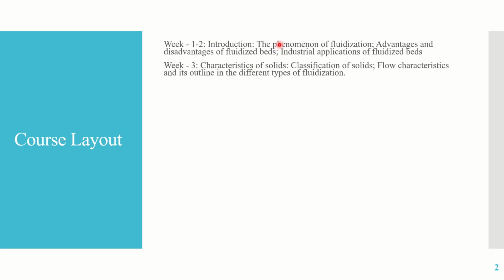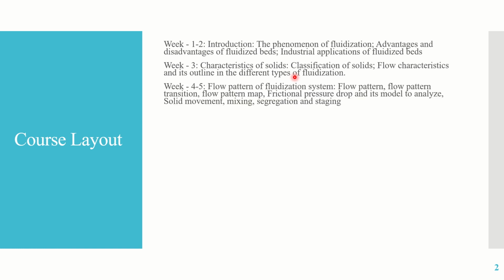Followed by that, we also learned about the classification of solids, flow characteristics, and an outline of the different types of fluidization. We saw how we can classify solids as Geldart A, B, C, and D depending on their size as well as density, and how different solids influence the fluidization type.